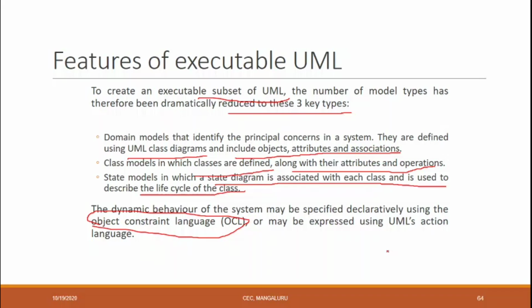That is one advantage of model driven engineering. So executable UML has the features of model driven engineering. It has three key types: domain models, class models, and state models.